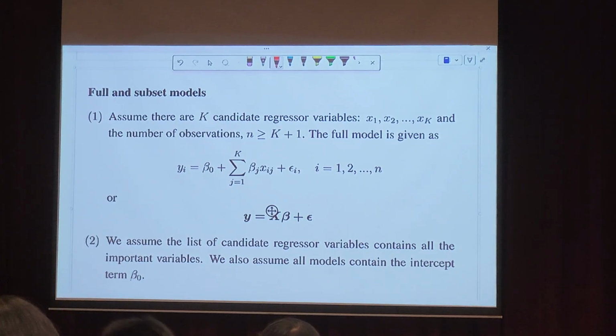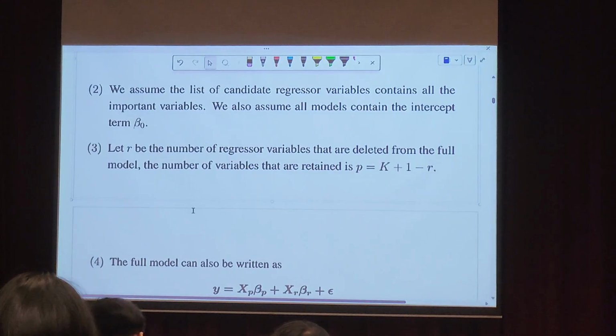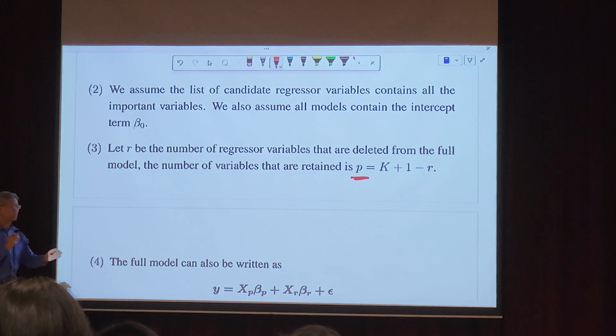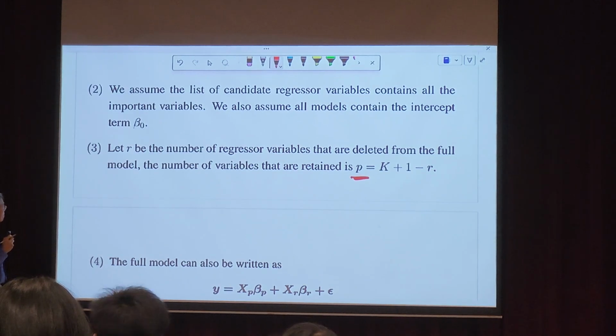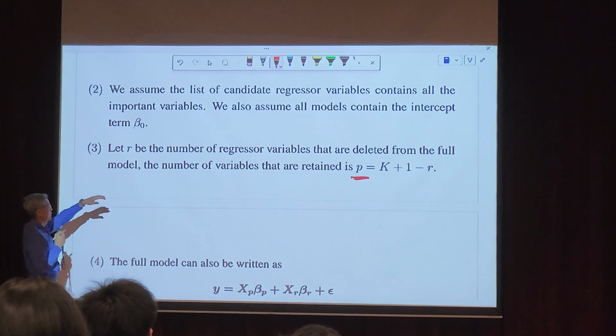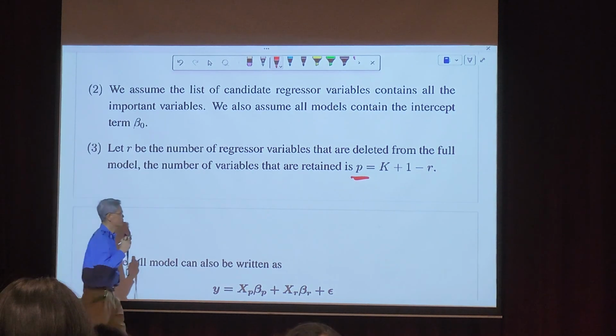Then we assume that we always have this beta naught, and P is the notation that has changed now. In our discussion before this chapter, P is just K plus 1. But here, P is used slightly differently. I don't know why the change in notation, but I want to stick to the textbook so that when you read it, you won't get confused.